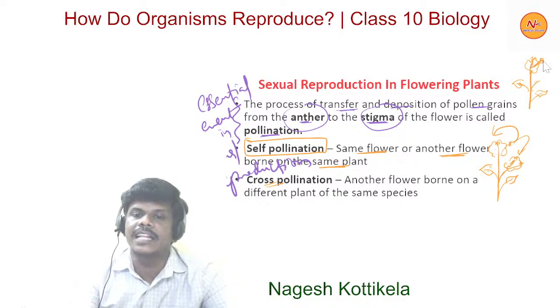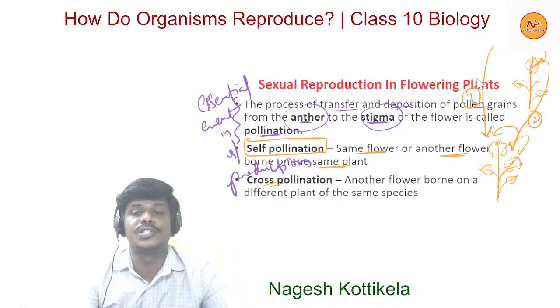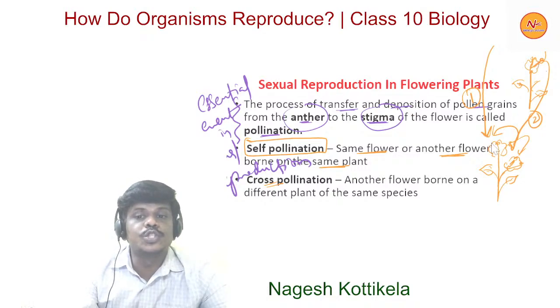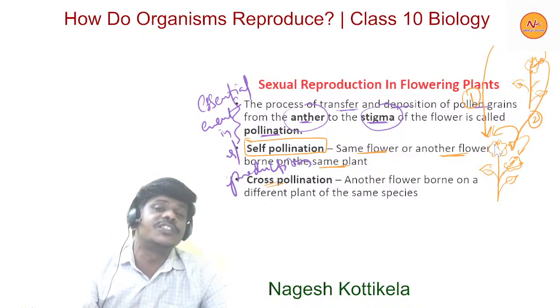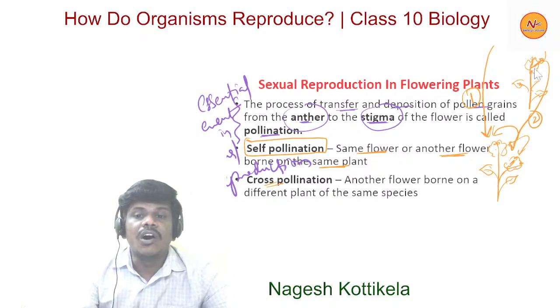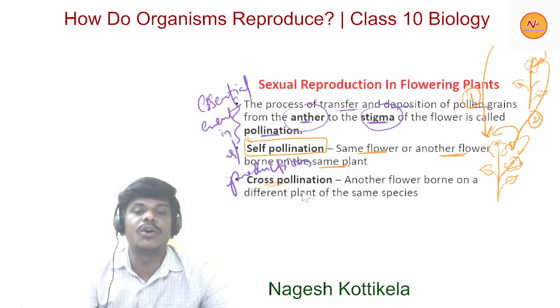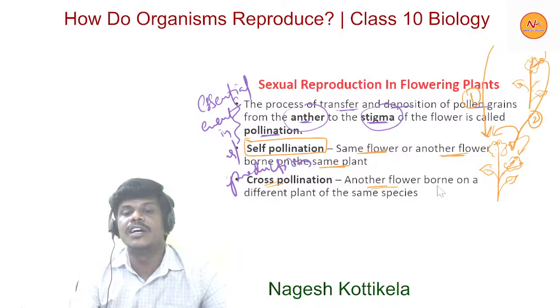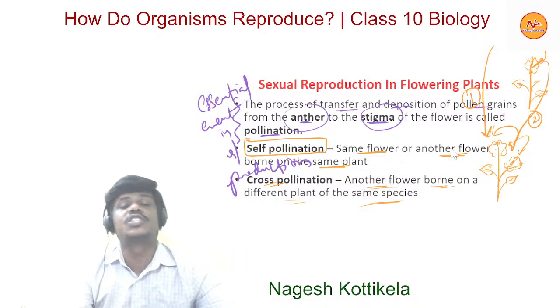If the pollen grain from this anther is dropped here, then these two ways, 1 and 2, represent cross pollination: from the anther to the stigma of a flower on a different plant, from a flower on one plant to a flower on another plant. This is what we call cross pollination, to another flower borne on a different plant of the same species.